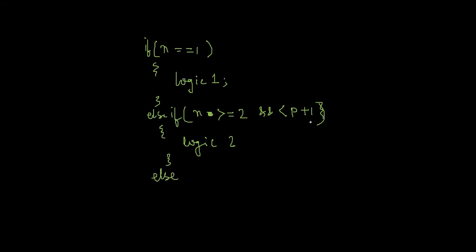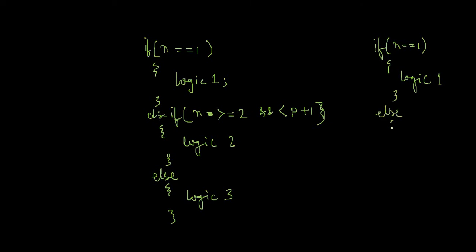Else, if it is at the end, then logic 3. But what I have done, I have written if n is equal to 1, then logic 1, else logic 2. That's all.